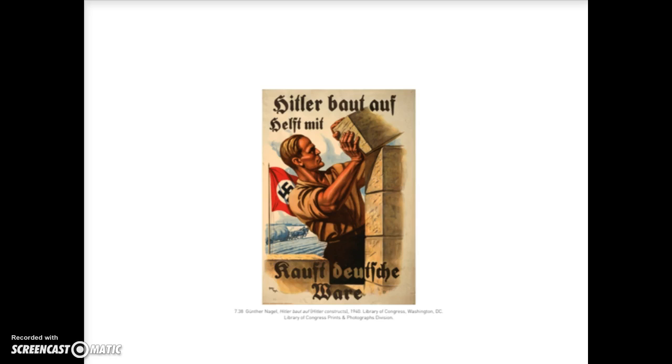Image by Gunther Nagel, which is called Hitler baut auf, which means Hitler constructs, from 1940. It is supposed to appeal to people on a personal level. And the poster reads, Hitler constructs, help him by buying German goods.